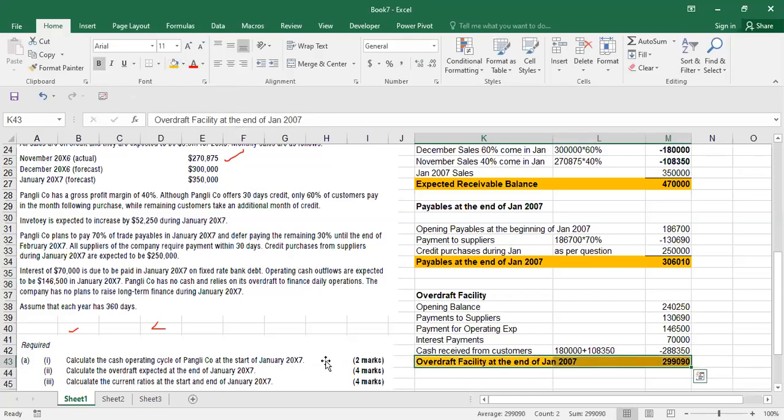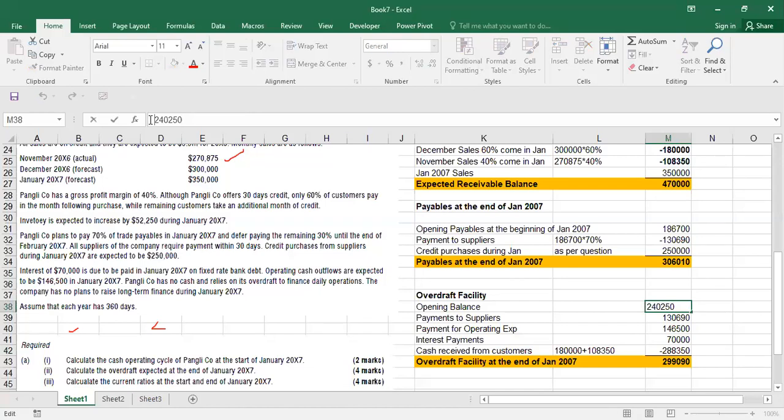Any question you want to ask until here, please? Actually, all of these are negative. This is actually minus 240, this payment is also a minus number because I'm paying, this number is also minus because I am paying, and this 70,000 is also minus because I'm paying. And this number is actually a positive number.